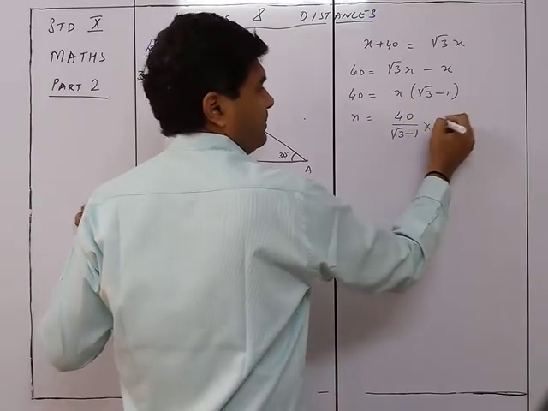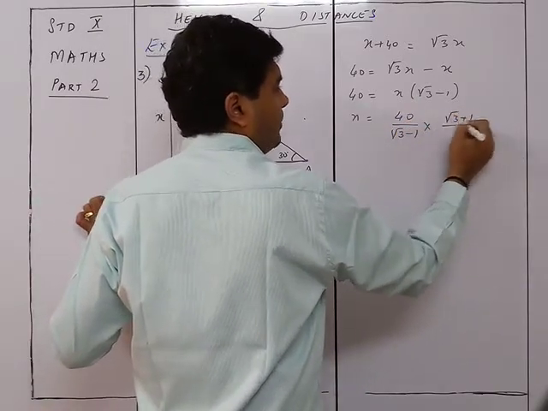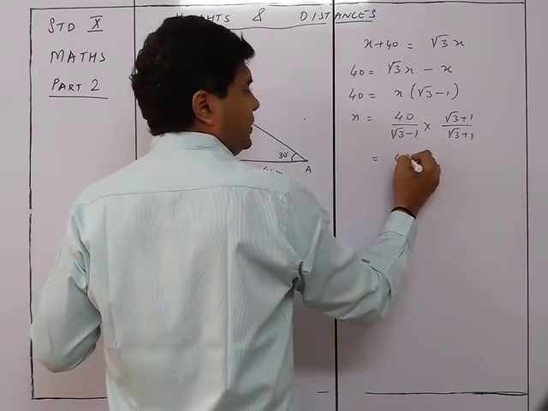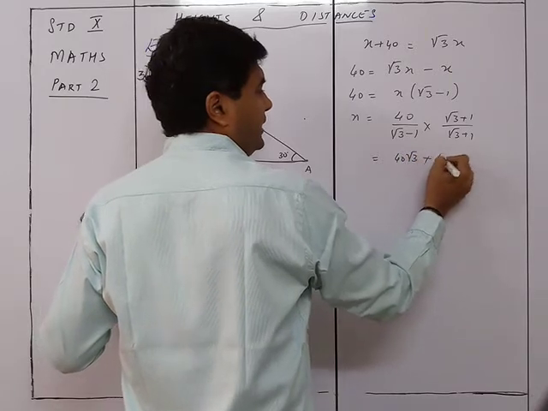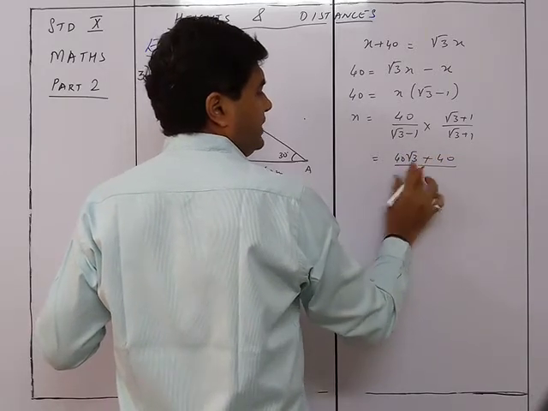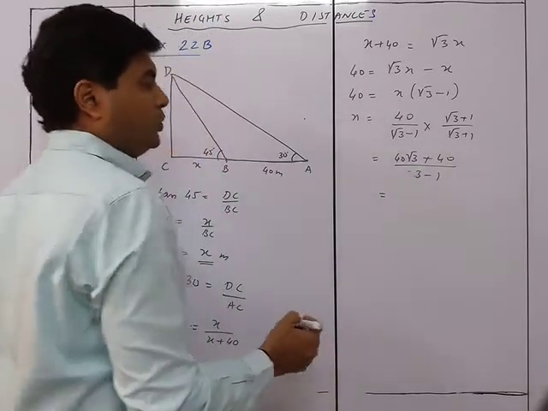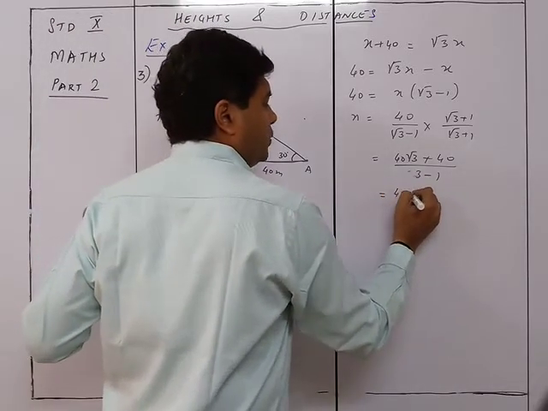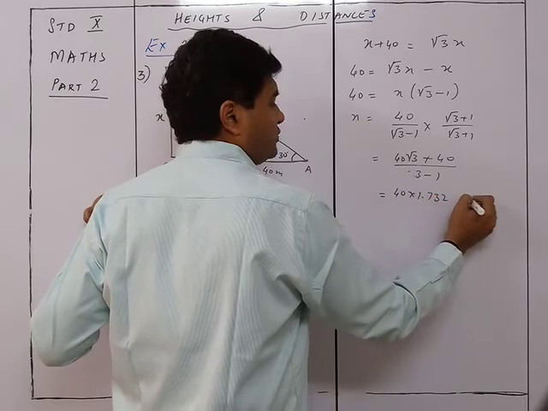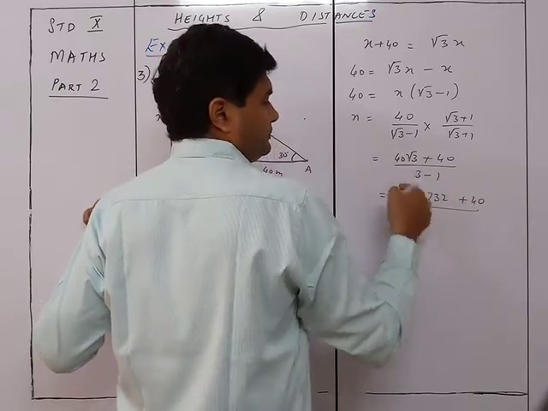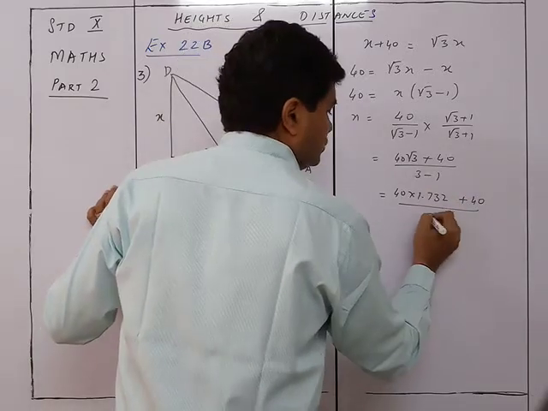So you again multiply by root 3 plus 1 upon root 3 plus 1. Accordingly, it will be 40 root 3 plus 40 upon 3 minus 1. So that will be 40 into 1.732 plus 40 upon 2.